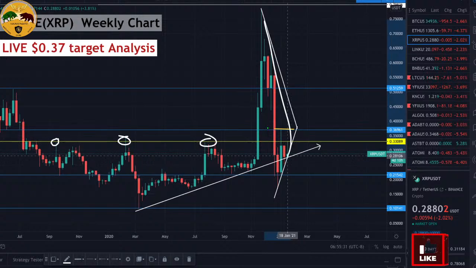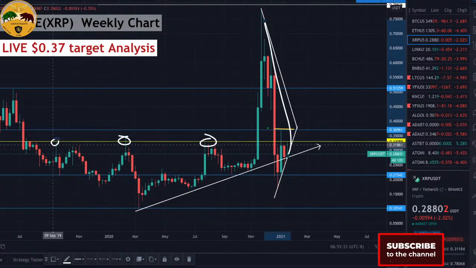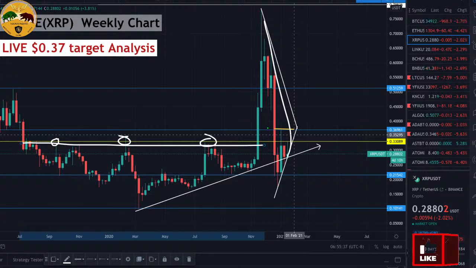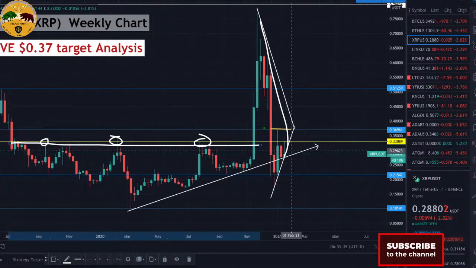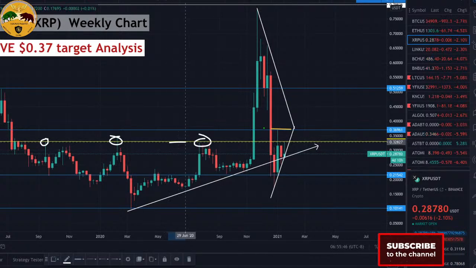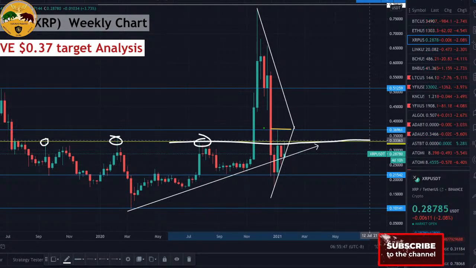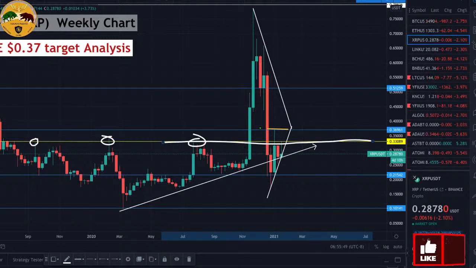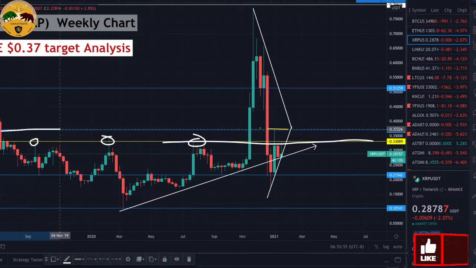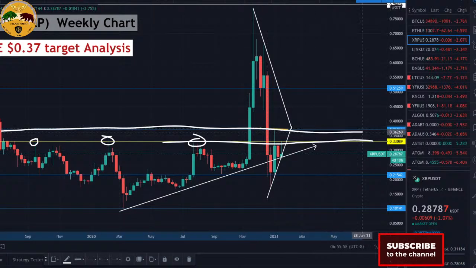Now, those buyers who missed this breakout are likely waiting for the retest. So it is obvious that they are waiting for price to make its way above this resistance again, right? And the resistance is our 0.3 zone to 0.37, like I said, all the way, because a resistance is an area, it is not a line, it is an area.